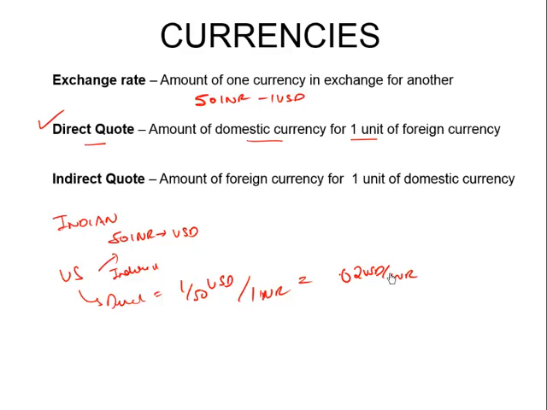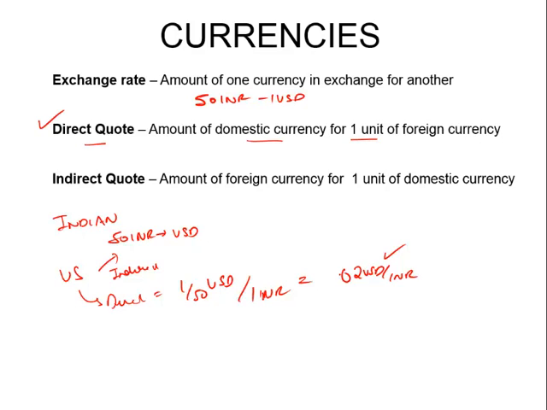As a general rule of thumb, become a US citizen, since it's a US based exam, so domestic generally means US. So be a US citizen and bring everything in your direct quote, that is amount of USD per INR. If USD is not in the question, then be a citizen of any one country you can choose and bring everything in your direct quote.